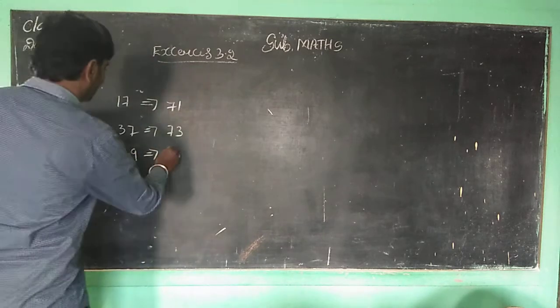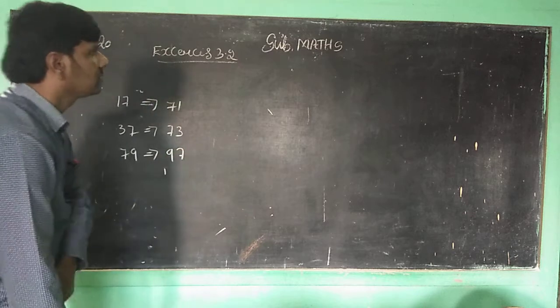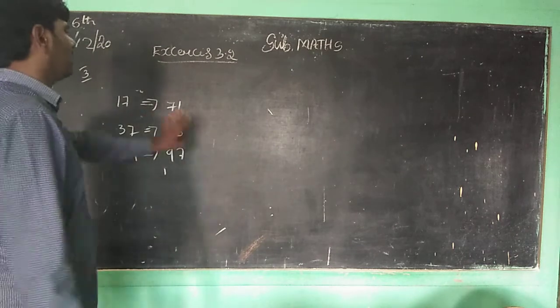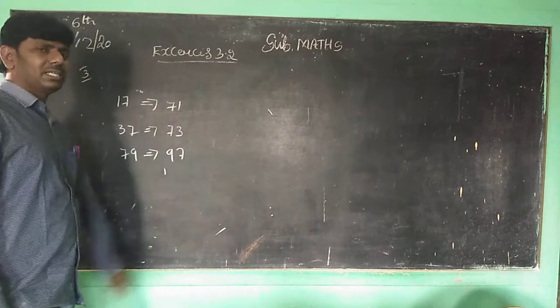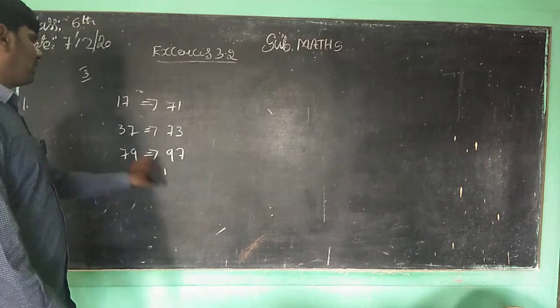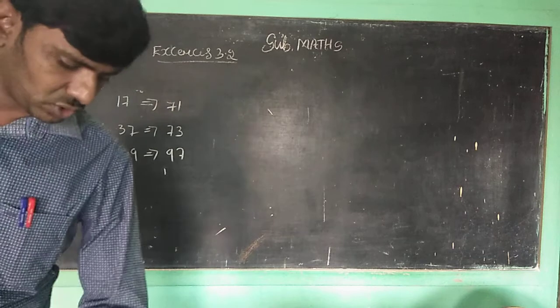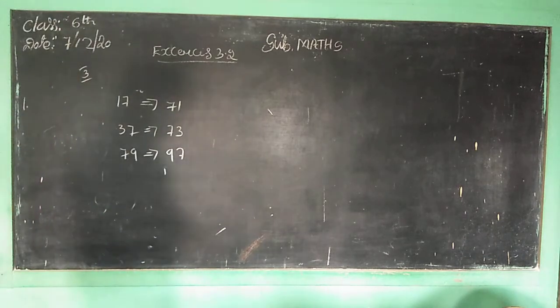That is 97. So 17 is the reverse of 71, 37 is the reverse of 73, and 79 is the reverse of 97. These are the numbers. So children, now we want to take the next question.